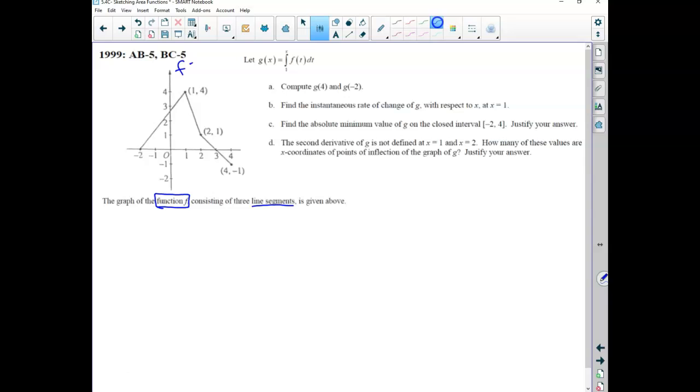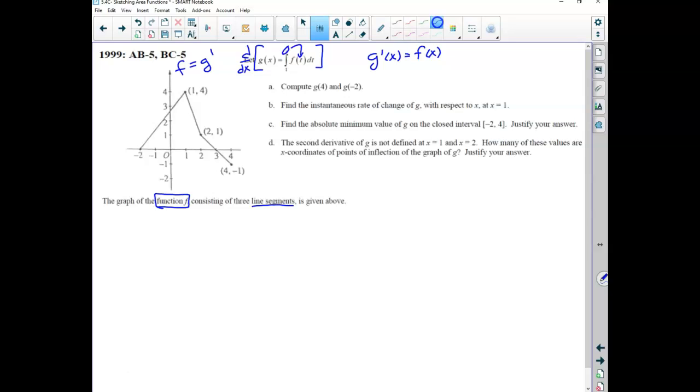Therefore, f equals G prime, because when I use my first fundamental theorem, G prime of x equals little f with x stuck in it, okay?